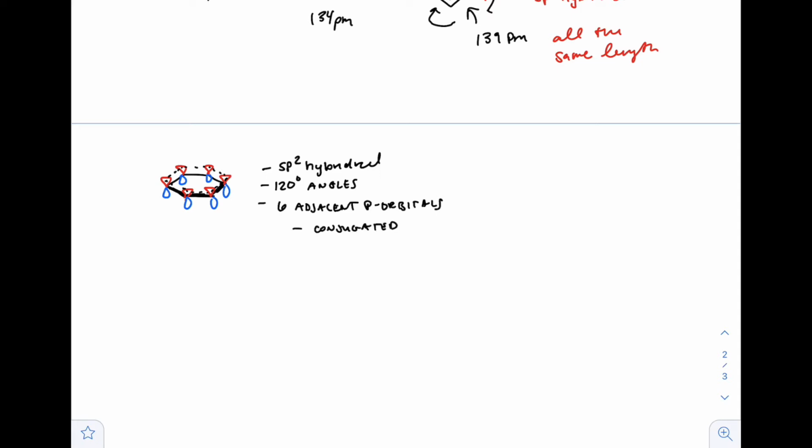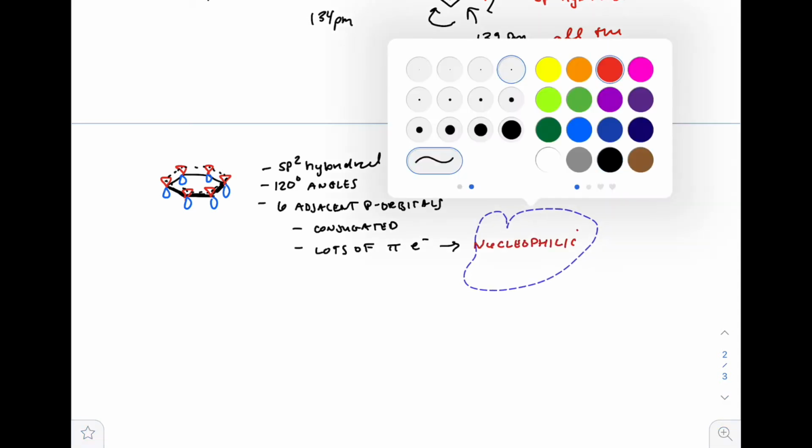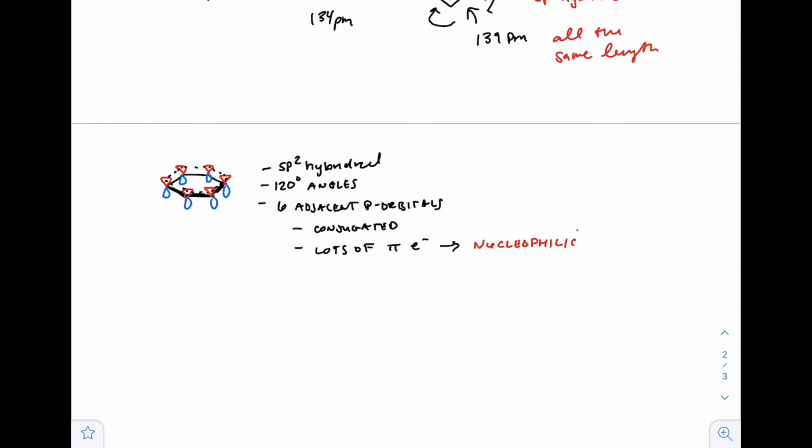They are conjugated, and because we have at least 3, this is what contributes to benzene's stability. These lots of pi electrons also make it nucleophilic, and that's why it can undergo reactions with electrophiles like bromine. It just needed a Lewis acid to get the party started though.